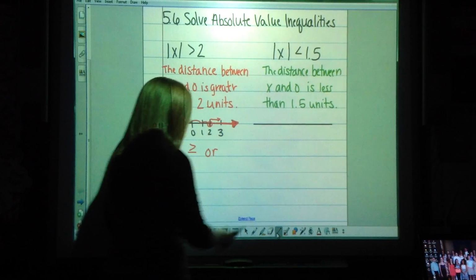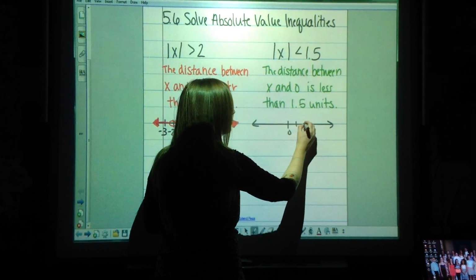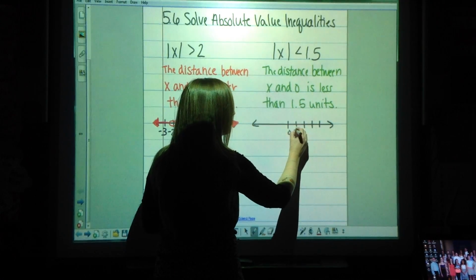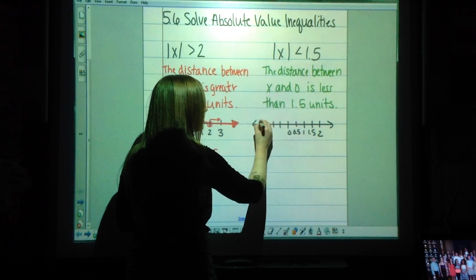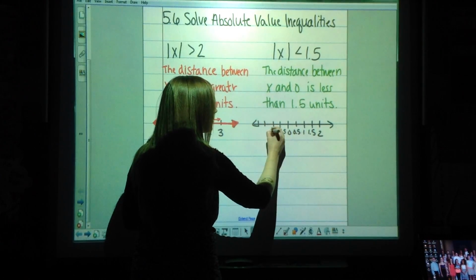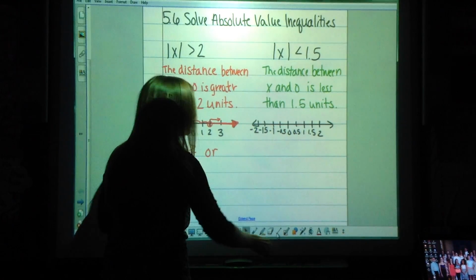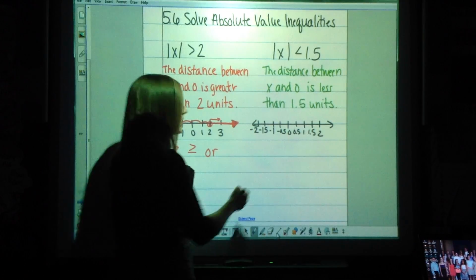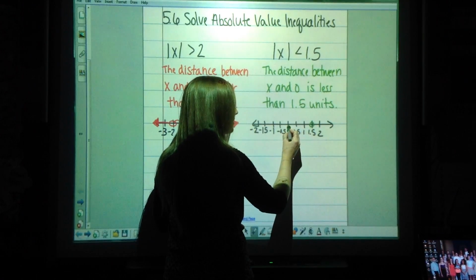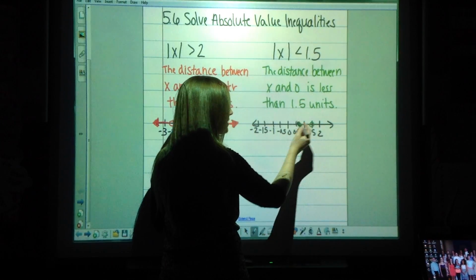Okay, let's graph this one. X and 0 is less than 1.5 units. So here's 1.5, here's 0. It's less than. It's got to be smaller, so you're going to be shading to the left.